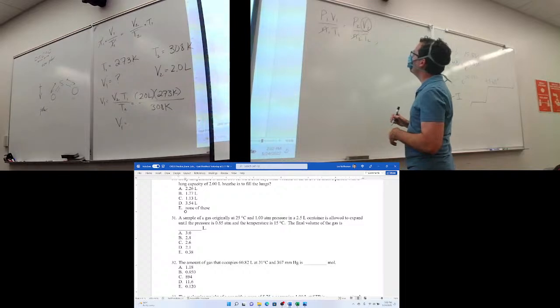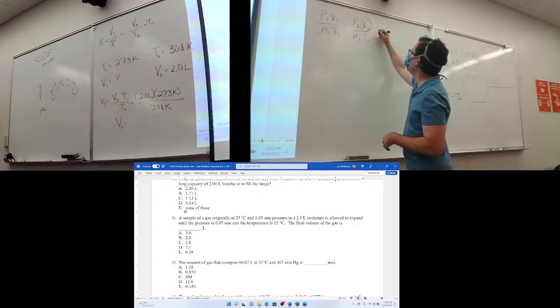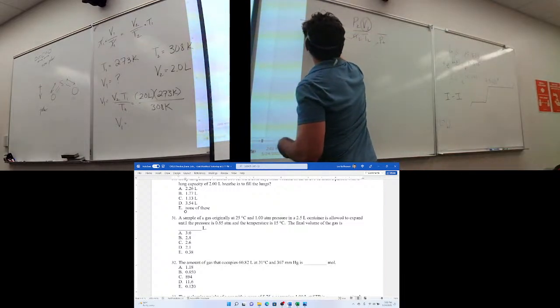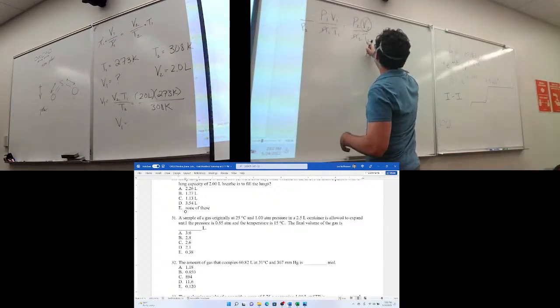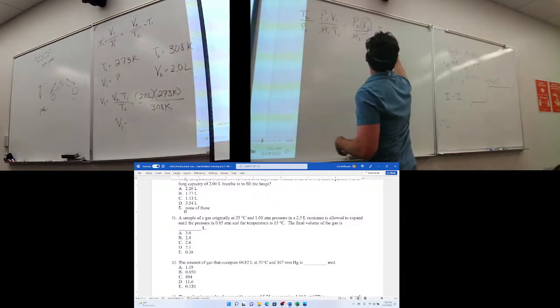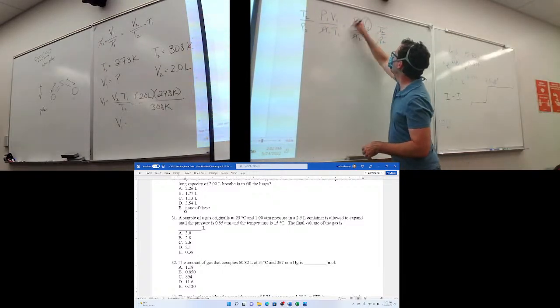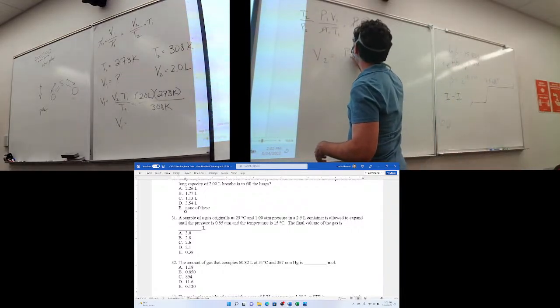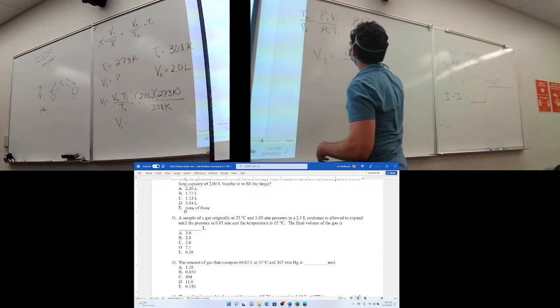So I'm going to isolate V2. I want to get rid of P2 and T2. I'm going to divide by P2 on both sides. And I want to multiply by T2 on both sides. And notice that that cancels. So I'm left with V2 is P1 V1 T2 over T1 P2.